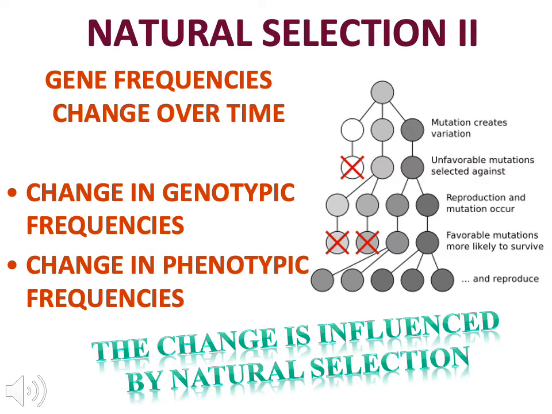And you remember, phenotype is the expression of those genes. So if we were talking about rabbits, changes in genotypic frequencies could ultimately change phenotypic frequencies, in the sense that a rabbit population might see the loss of lighter colored rabbits and the predominance of darker colored rabbits because of that process of natural selection.